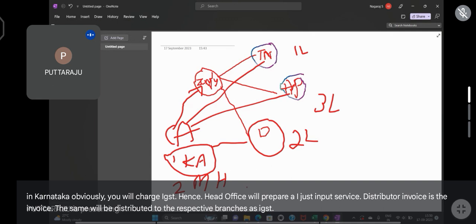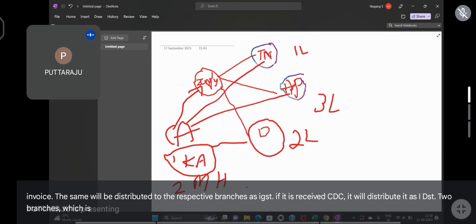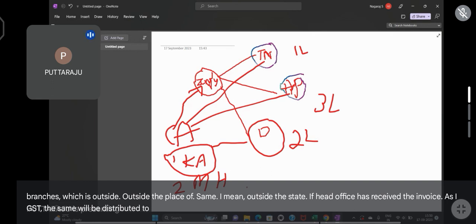If it is received as CGST, it will distribute it as IGST to branches which are outside the state. If head office has received the invoice as IGST, the same will be distributed to the other branches. The distribution methodology will be in proportion to turnover.